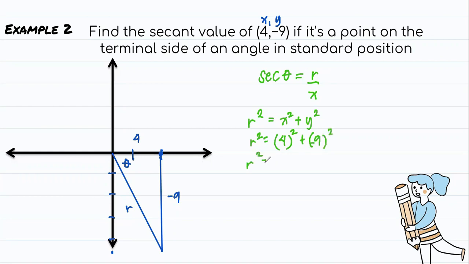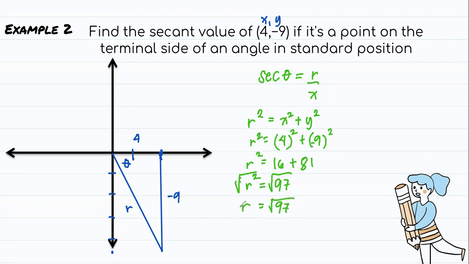So r squared is equal to 4 times 4 is 16 plus negative 9 times negative 9 is 81. So r squared is equal to 16 plus 81 is 97, and then we get the square root of both sides. So r is equal to the square root of 97.